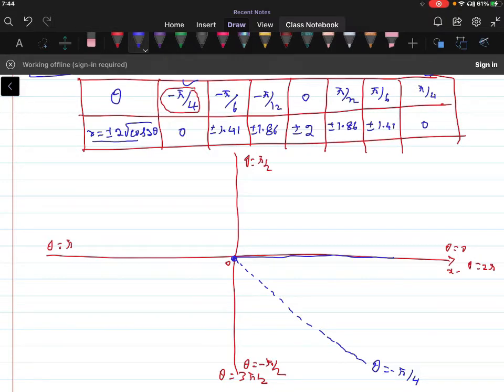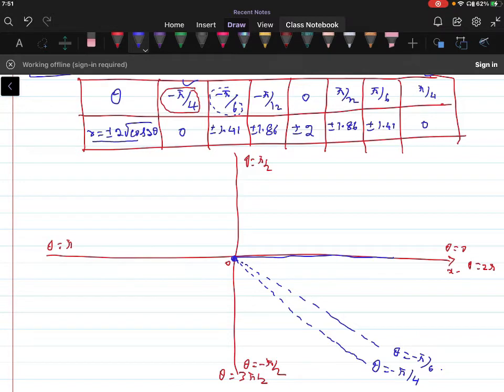When theta is equal to minus pi by 6, that is minus 30 degrees, it makes an angle in the negative direction, that is in the clockwise direction. So theta is equal to minus pi by 6. For theta is equal to minus pi by 6, there are two values of r, plus 1.41 and minus 1.41.